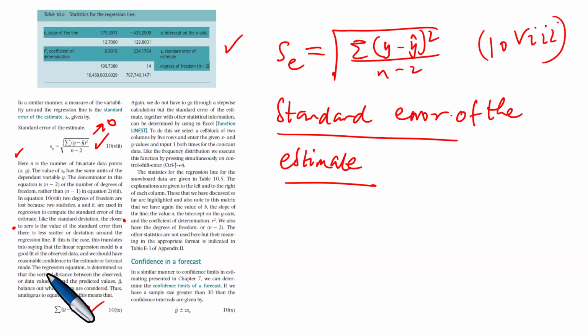In other words, the regression equation is determined so that the vertical distance between the observed data values and the predicted data values balance out when the data are considered.